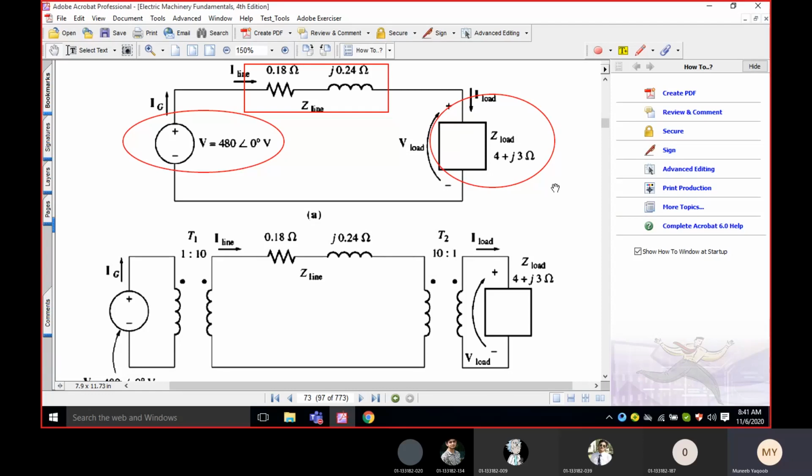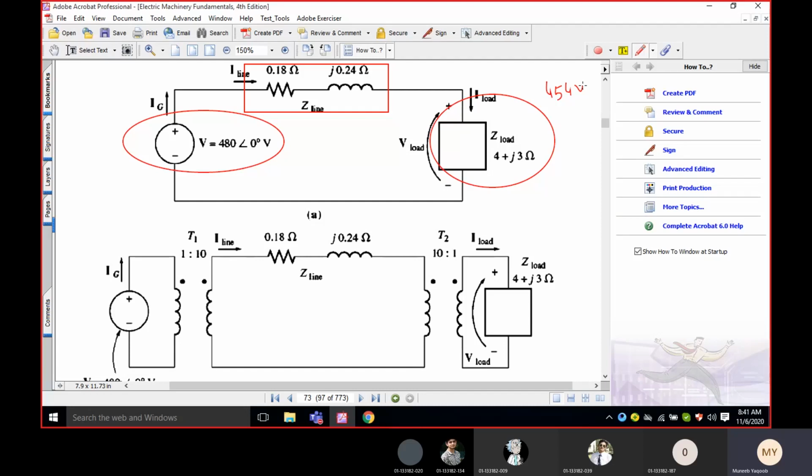Number one, we have generated 480 volts, but, inshallah, we will perform this calculation sometime later, the load voltage we receive in this scheme is basically 454 volts. So this is a disadvantage of not using the transformer.